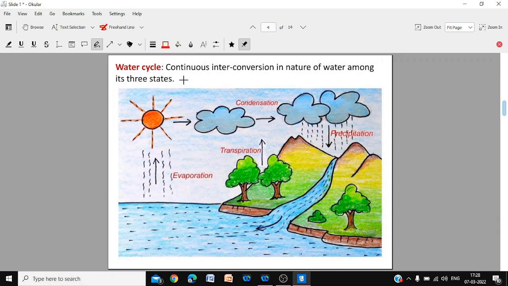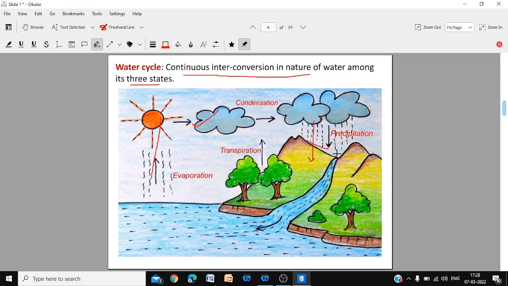Water cycle: the continuous interconversion in nature of water among its three states. By evaporation, liquid water becomes vapor. Then it changes into clouds. And clouds, by condensation or precipitation, fall as rain. And rain falls on the top of mountains, sometimes forming ice caps.